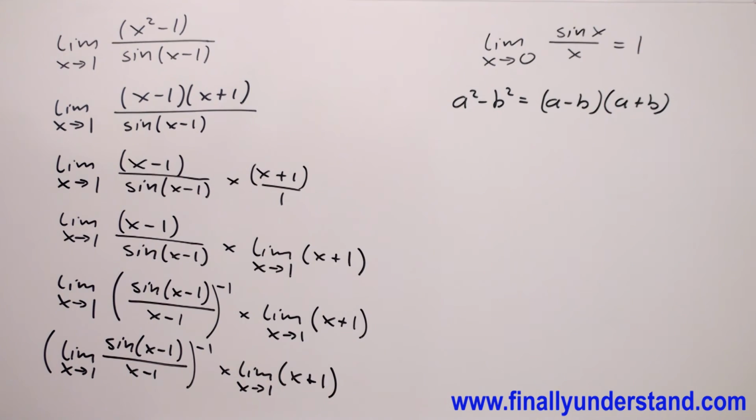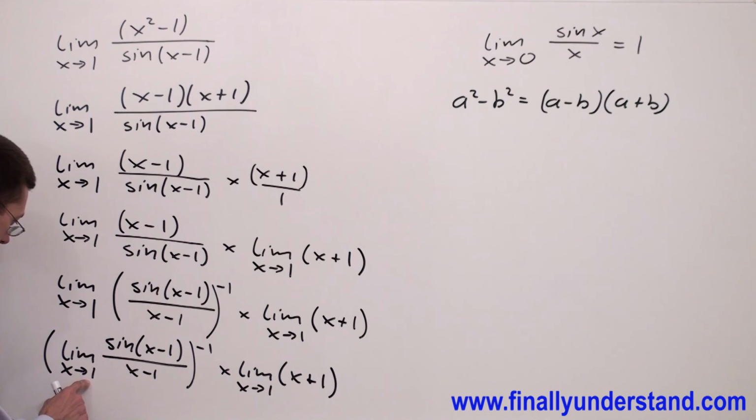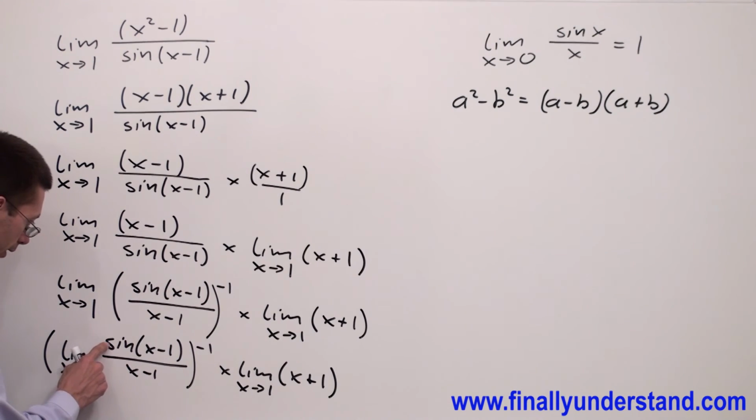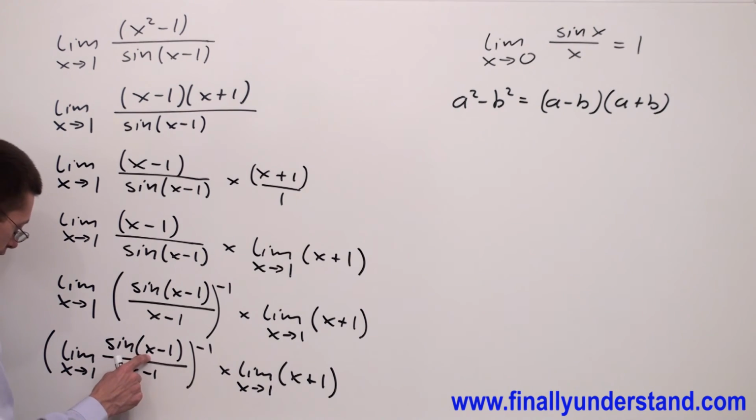Please notice that inside of the parentheses we have a limit with x approaching 1 with a sine function in the numerator. If x is approaching 1, my numerator is going to be equal to 0, because sine of 0 is equal to 0. And if you look at the denominator, you will see that if x approaches 1, the denominator is also going to approach 0.